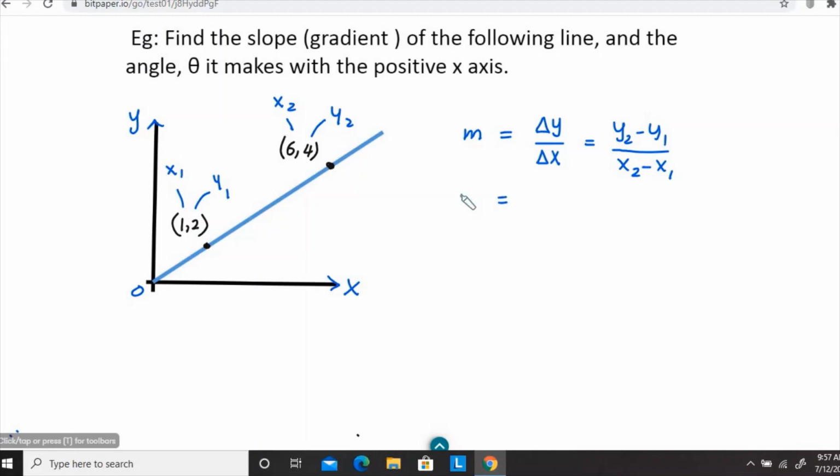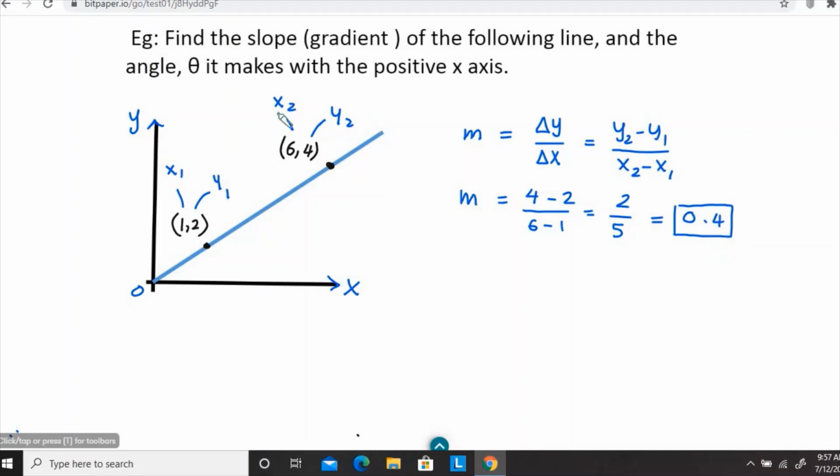So I substitute, and you'll see it's 4 minus 2 divided by 6 minus 1. So I get 2 over 5, or in other words, 0.4. So the gradient or the slope of this line is positive 0.4.